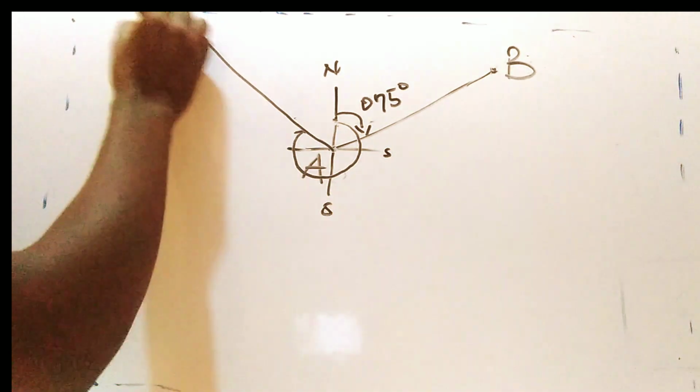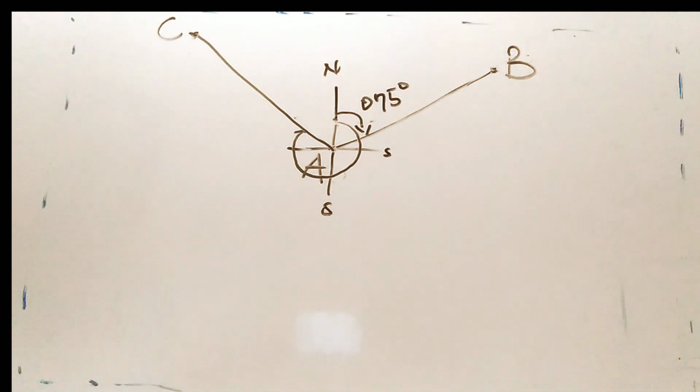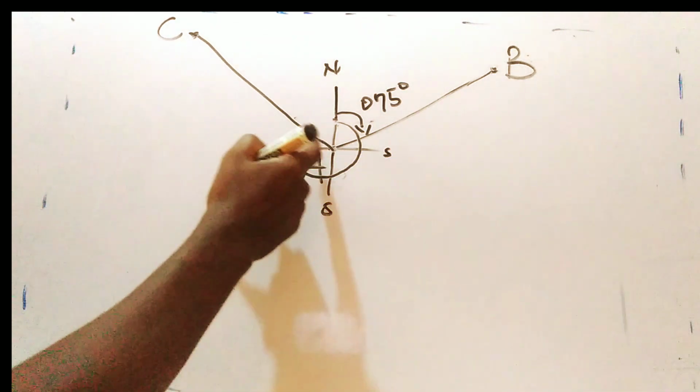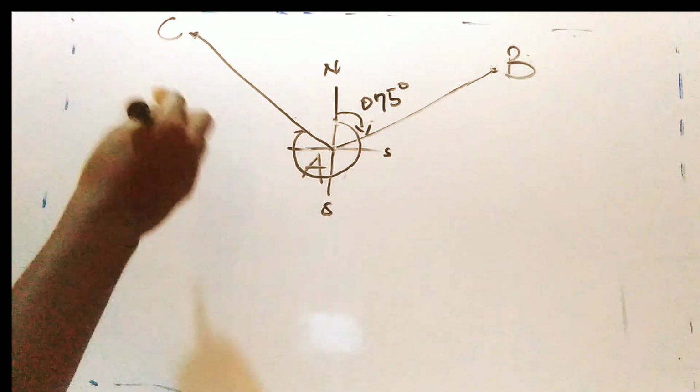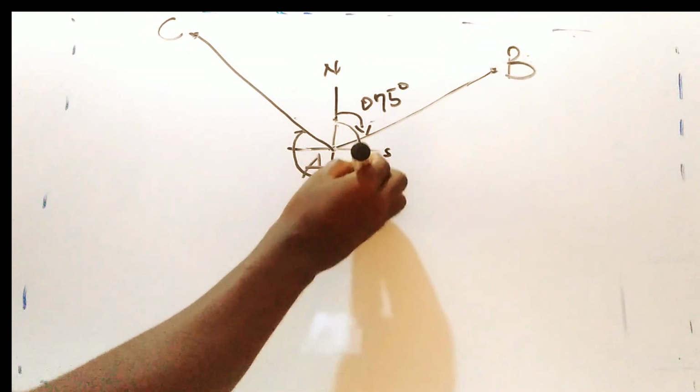So this is our A, this will be our C. Remember that is the bearing of C from A, so it's also coming from A, so this is our 310 degrees.